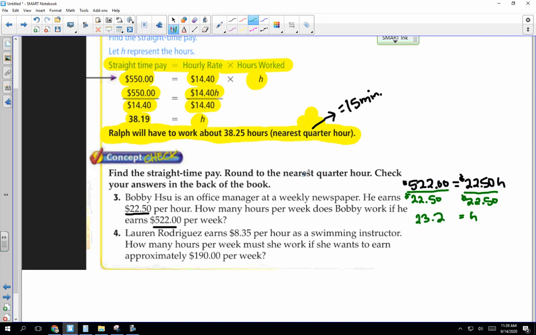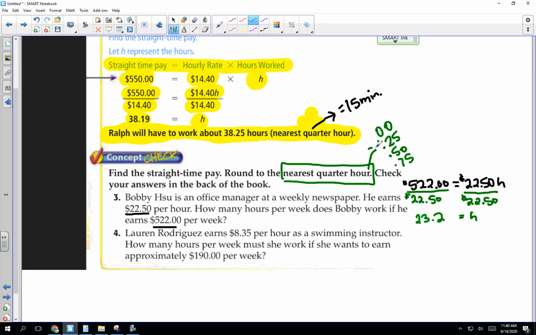And because we're going to round to the nearest quarter of an hour, that is 0.25, 0.50, or 0.75. Sorry, 45 minutes, but in decimals it's 0.75, or 0.